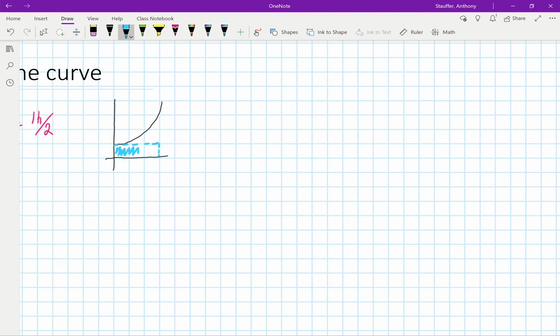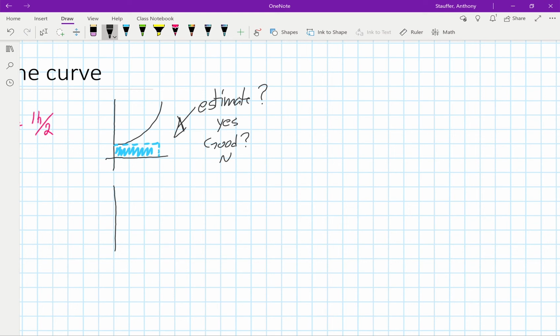I've drawn this rectangle under the curve. Is this an estimate? The answer is yes. Is it good? No, that's a terrible estimate. There's so much area under there that we're not actually looking at.